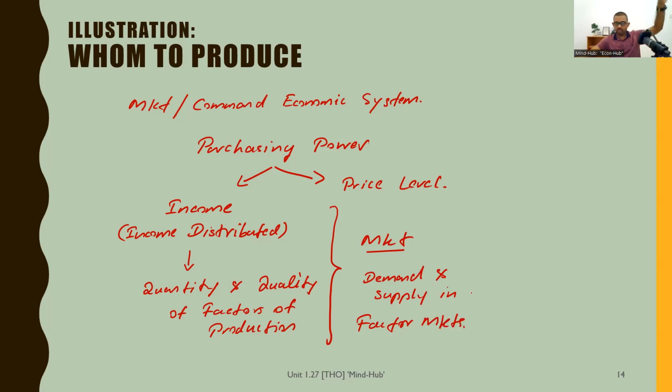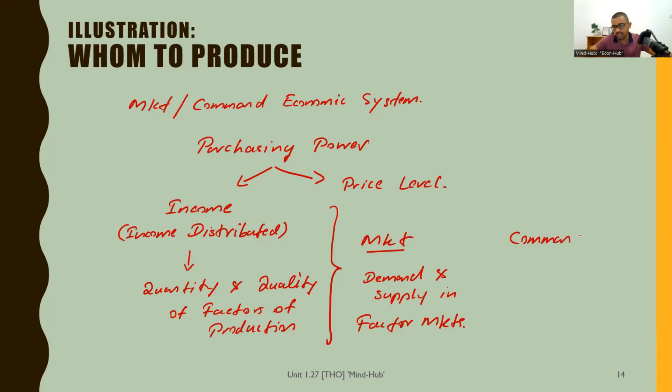So in a market economy, the factor market demand and supply will decide the price of land, labor, capital, entrepreneurship, that is rent, wages, interest, all that is decided by basically the market demand and supply for land, labor, capital. And accordingly, the income will be decided in a market economy.